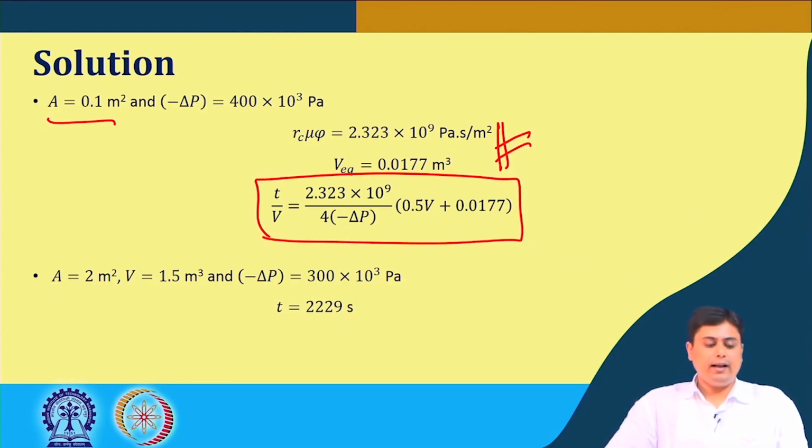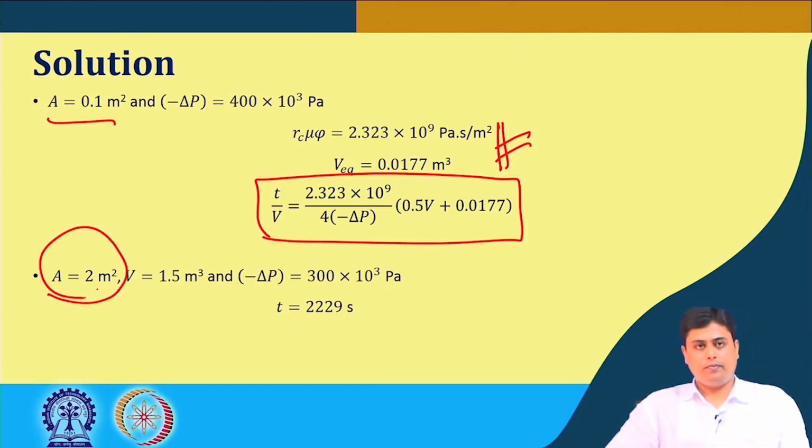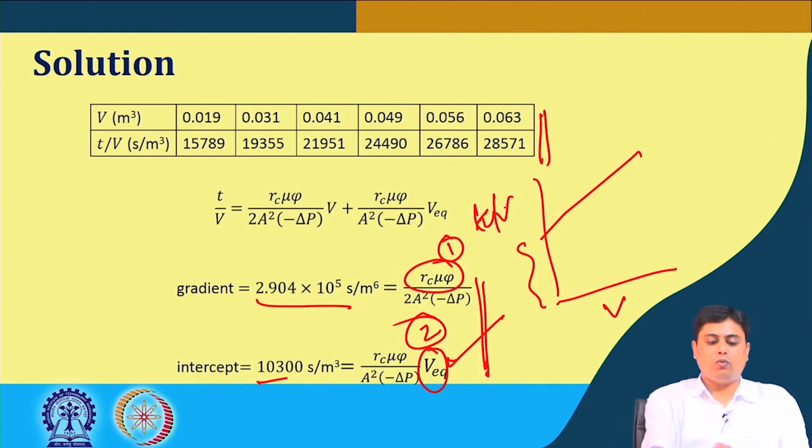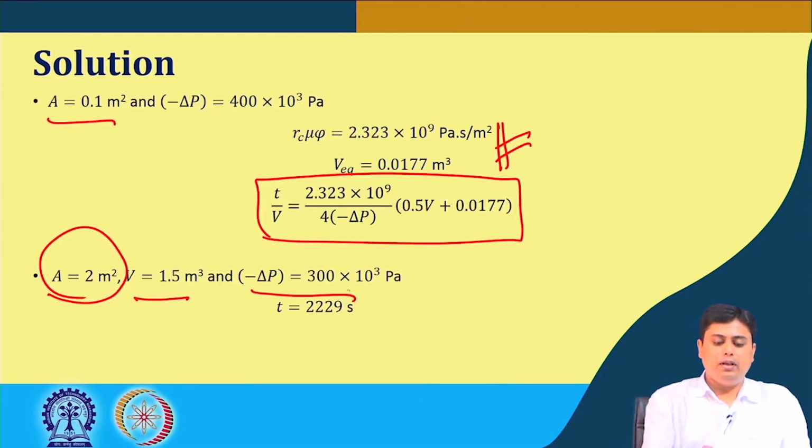Now the point is that in the first part, the area has changed. V is known, del P is known. If we look at the T by V expression once again, here we have now calculated R C mu phi and V equivalent. The area is now 2 meter square, del P is 300 kilopascal and V is 1.5.